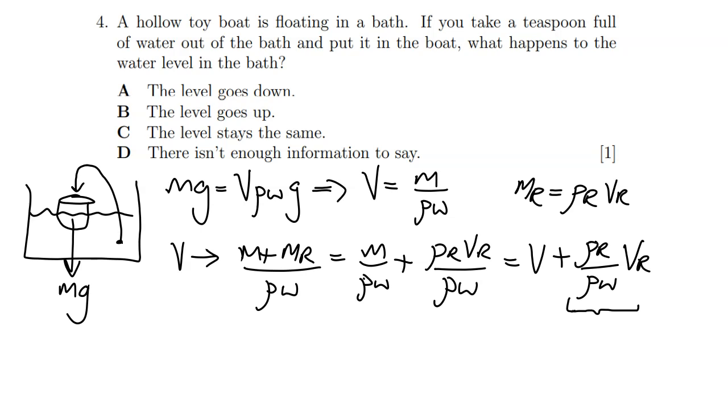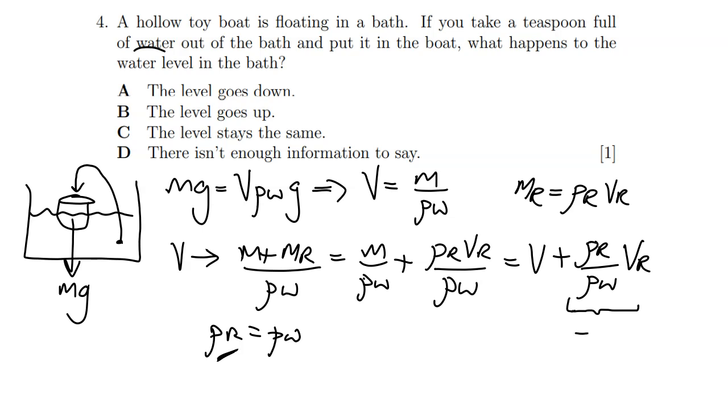Now in the question, we're taking a teaspoonful of water. So actually, in our case here, rho r equals rho w. Our arbitrary object density, which we call the rock, but we can call it whatever we want, is actually just a teaspoonful of water. So actually, the density is just rho w.